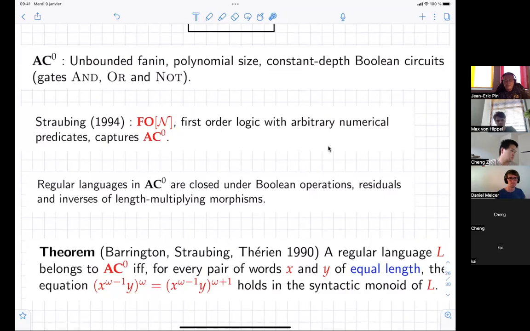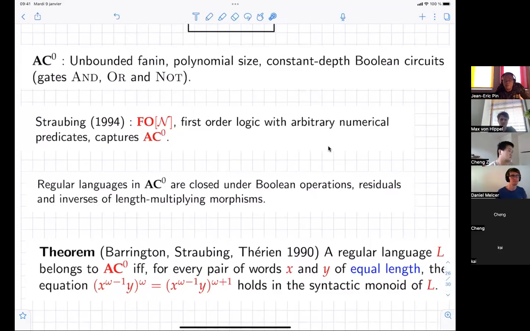If you slightly change this definition to allow modulo 2 gates, or modulo 3 gates, or modulo 6 gates, you end up with new classes, and again the same questions arise.